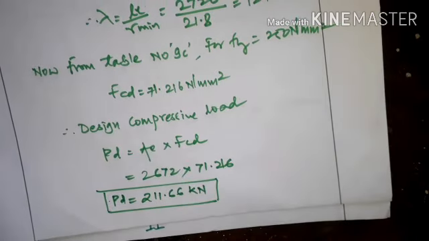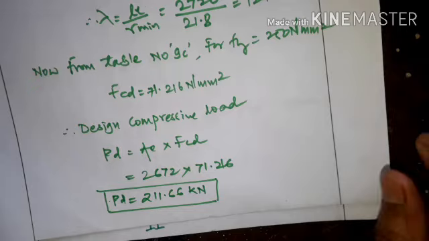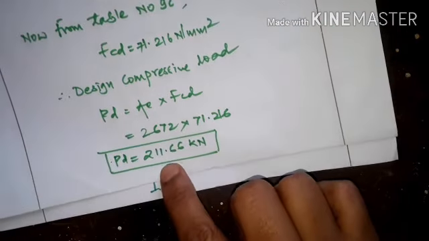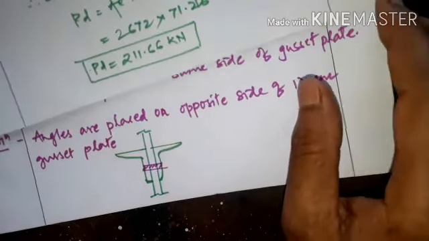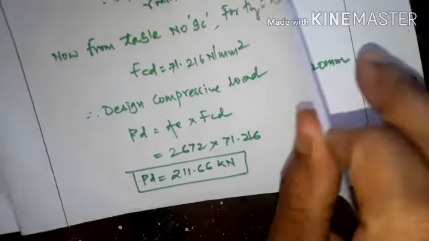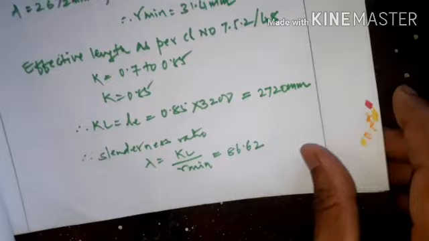So this is regarding the design compressive load if you use both the angles on the same side of the gusset plate. Let's see the difference. In this case we have 211. But if you use the opposite side, how much did we get?